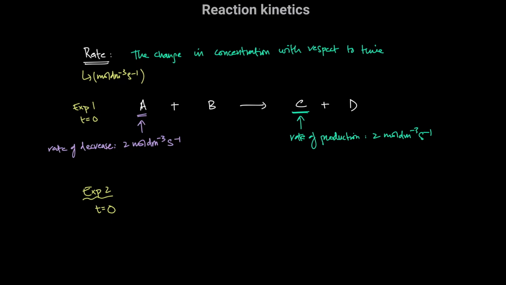So let's say at t equals 0, in the second case, the rate of decrease of A was 4 moles per dm cube per second. So I simply doubled the concentration of A and had twice the rate of decrease. Similarly, the rate of production will now be 4 moles per dm cube per second.